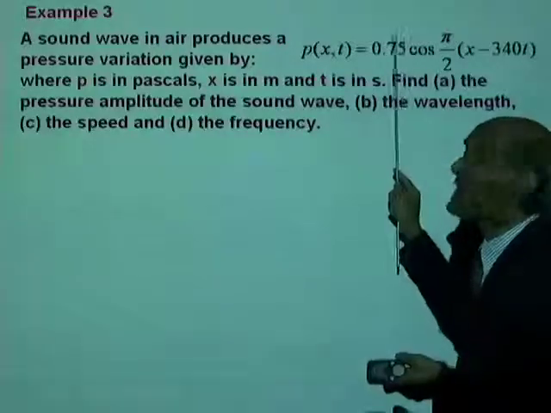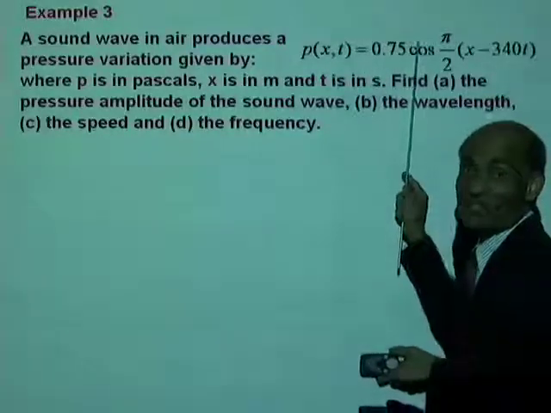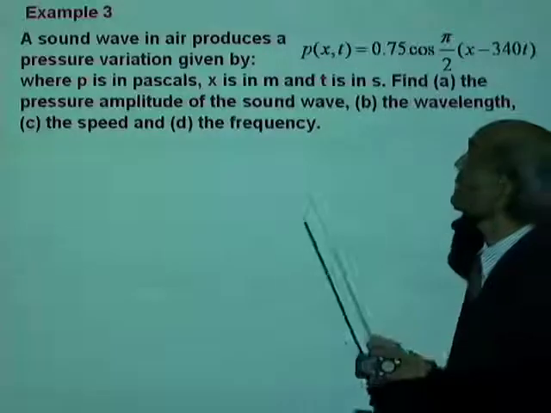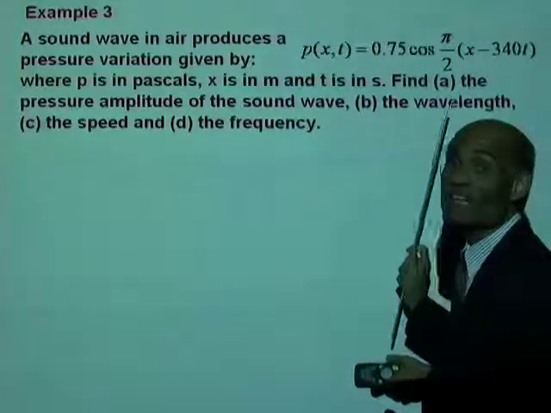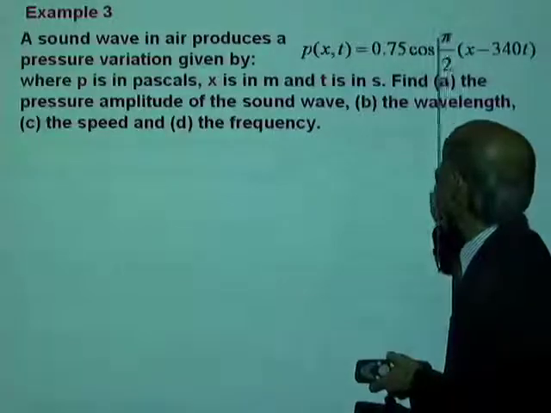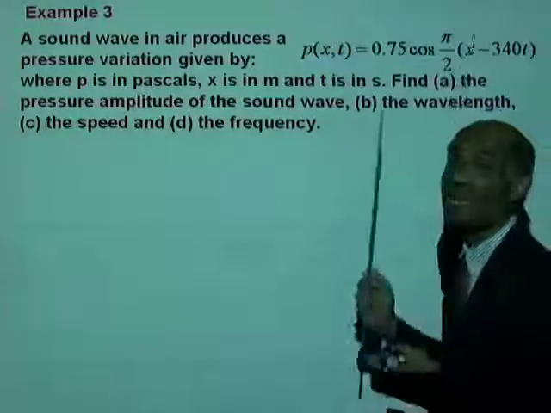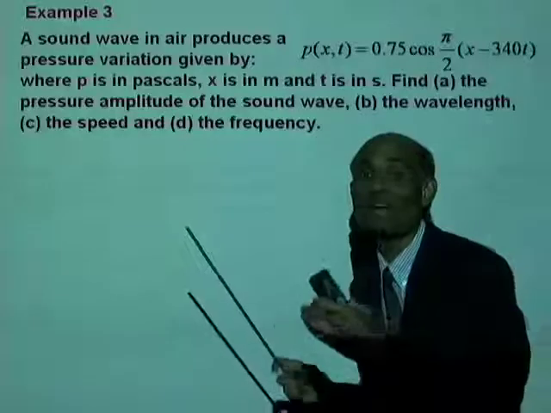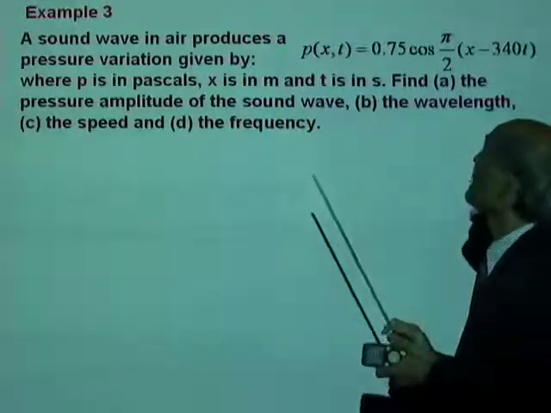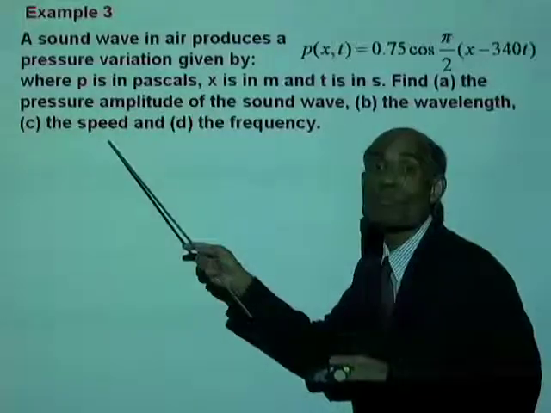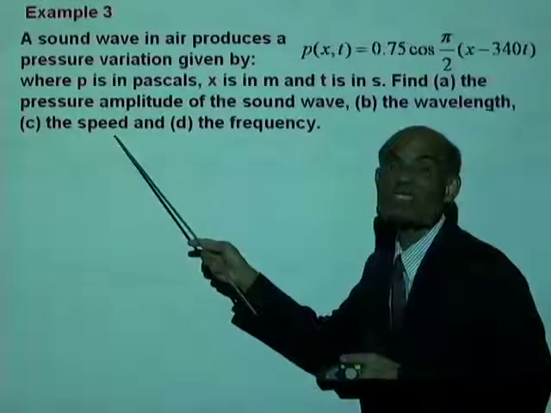Well, there's nothing there to find. It is there. This is the pressure amplitude of the sound wave. The wavelength lambda is contained in k. Remember k is 2 pi divided by lambda, and you know k equal to pi by 2. The speed of the wave, again there is nothing to find.